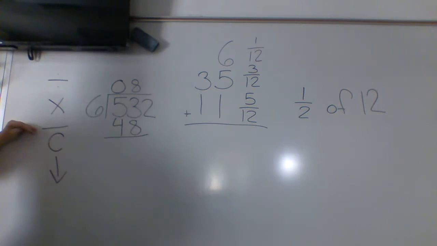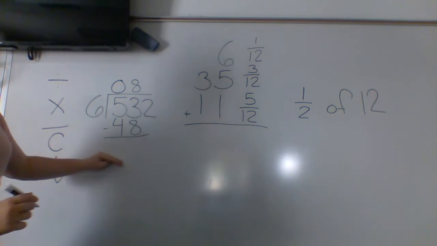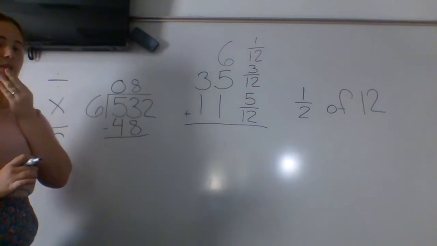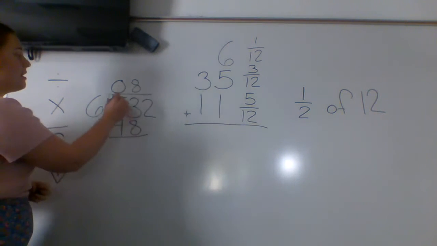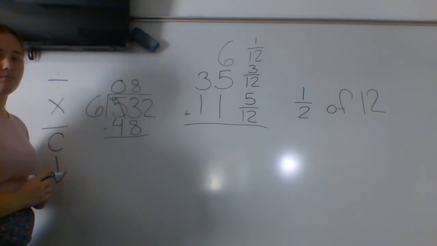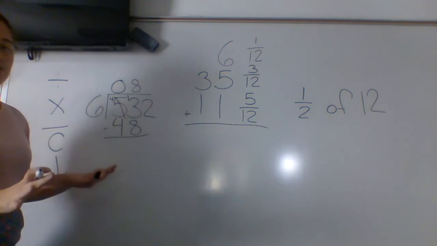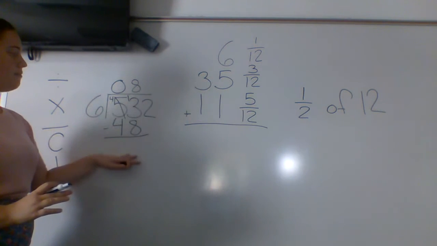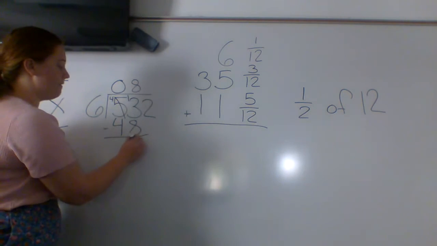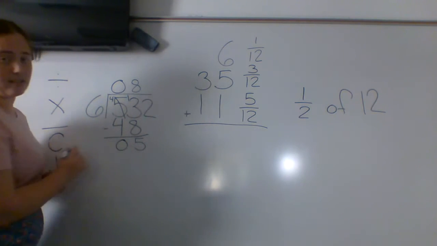And then we're going to do our next step, subtract. 53 minus 48, well, 3 minus 8 is, we can't do that. So we're going to have to take this 5. 5 is going to become 4. Now this 3 is going to get 1, so this 3 is a 13. 13 minus 8 is, good, 5. 4 minus 4 is, of course, 0.